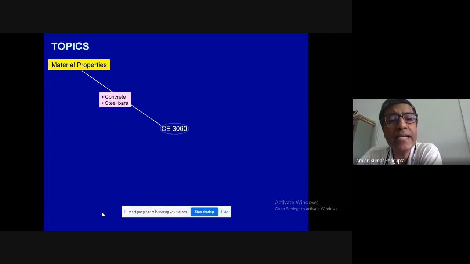Reinforced concrete is made up of the bulk material, which is concrete, and inside that there are reinforcing bars, which are typically made up of steel. Note, concrete itself is a composite material because concrete is made from stones, which are called aggregates, sand, and cement, and they are mixed with water, which gives concrete.